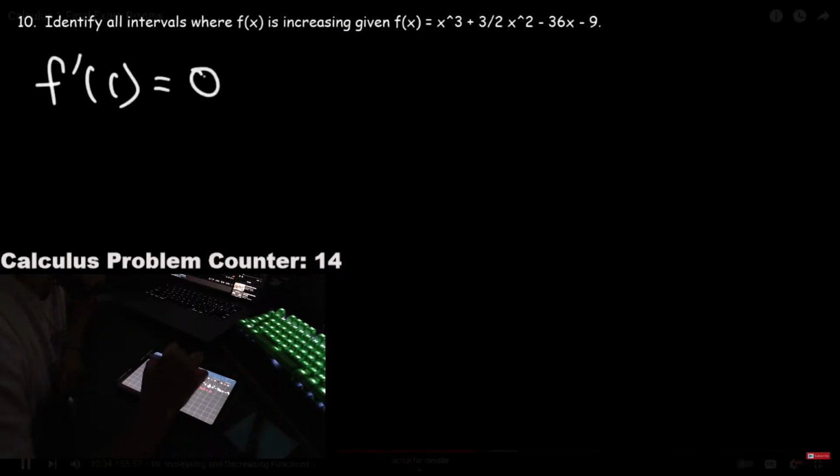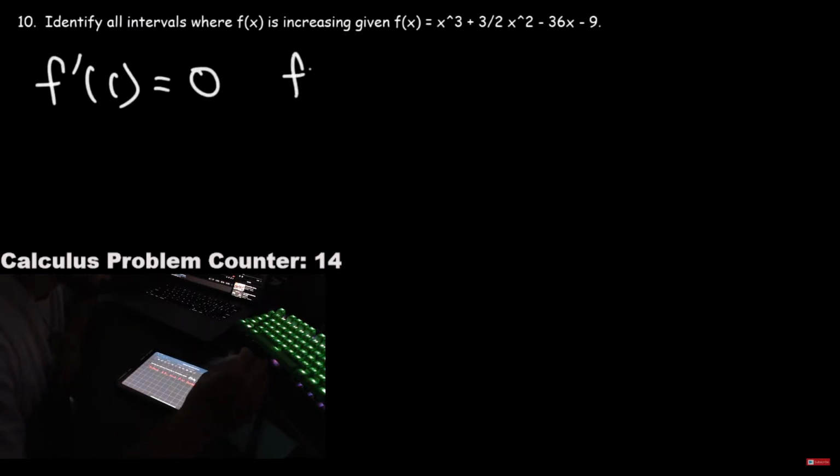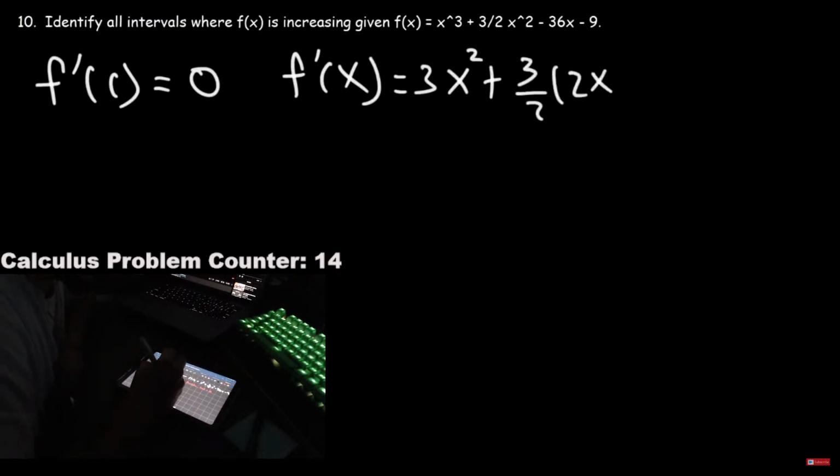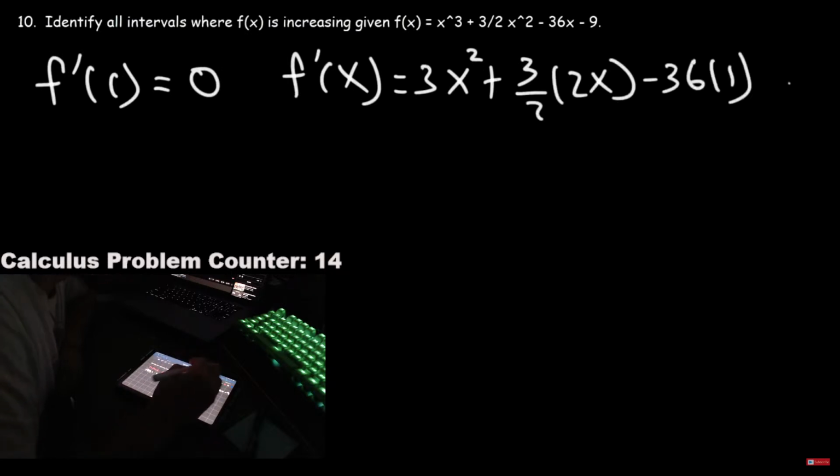So let's do that. The derivative of x cubed is 3x squared. The derivative of x squared is 2x. The derivative of x is 1. And the derivative of a constant is 0.